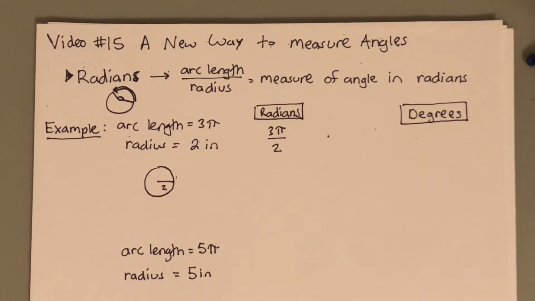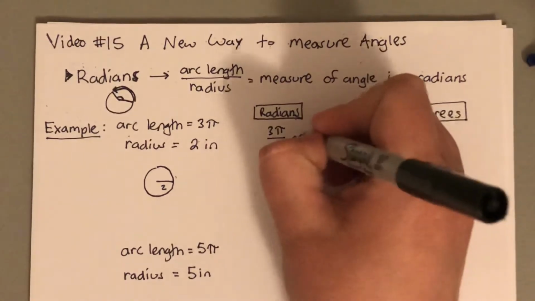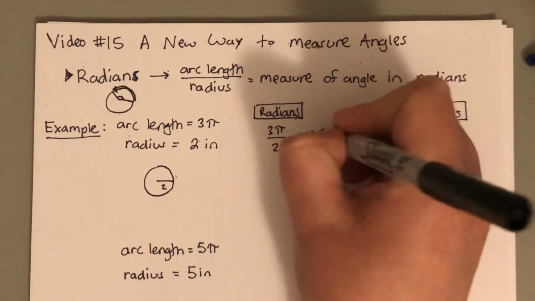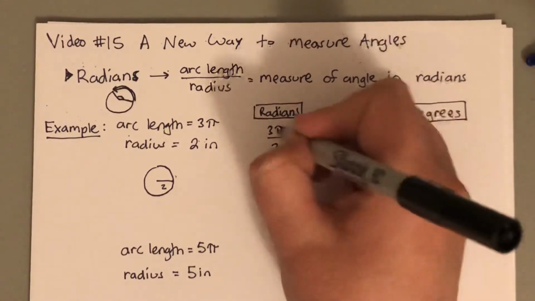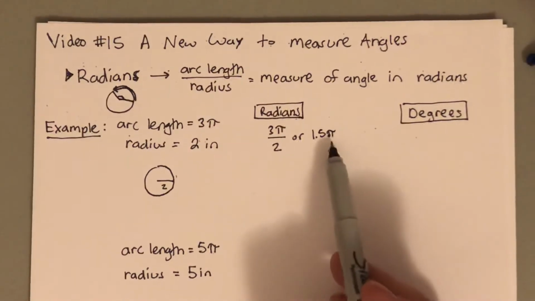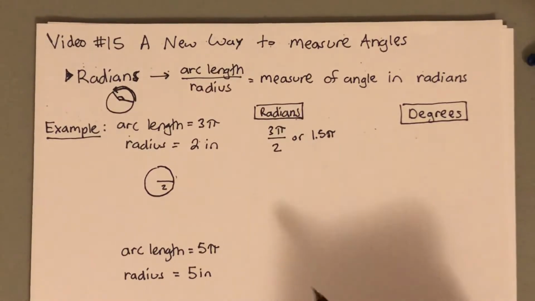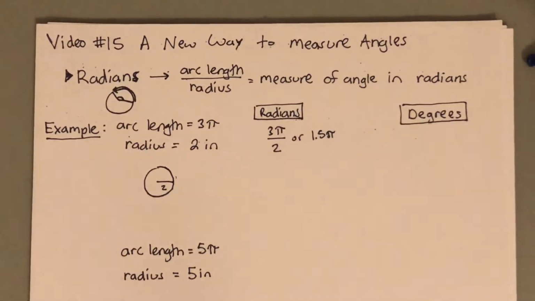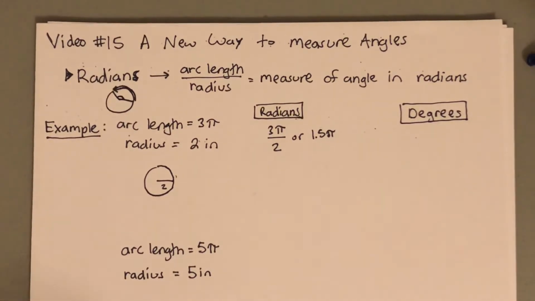I can leave it like that, or I could write it as 1.5 pi, because 3 over 2 equals 1.5. I could also take pi, 3.14, and times it by 1.5 and just get a plain number. There's several different ways that you can write radians.